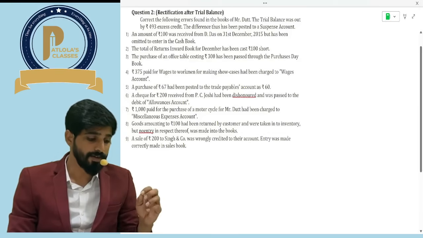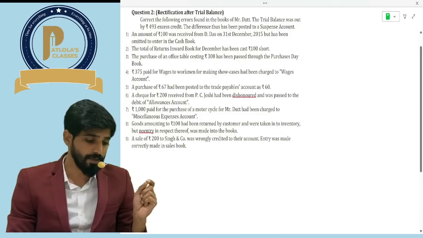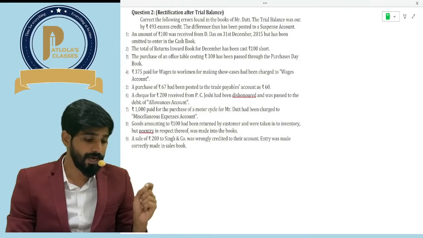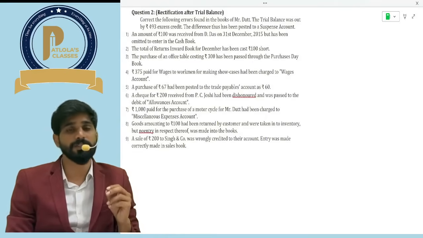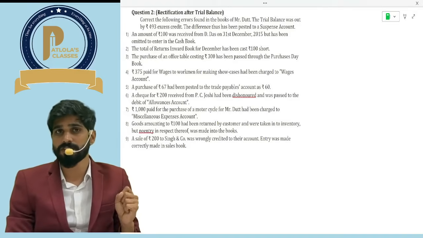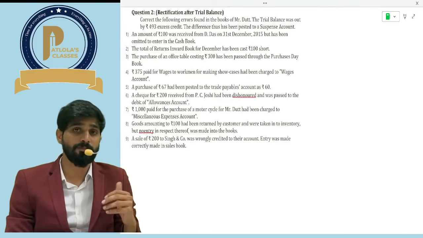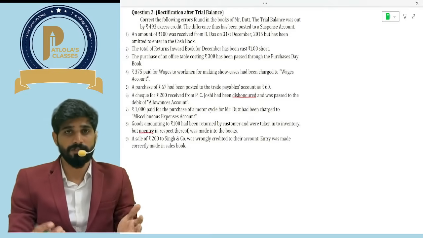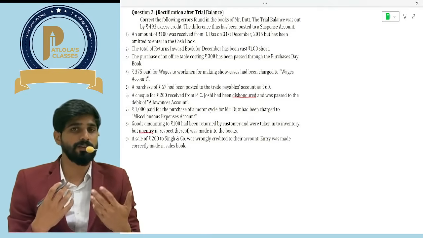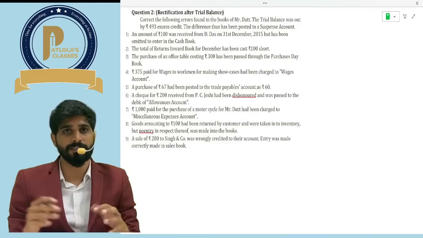An amount of 100 received from D Das on 31st December has been omitted to be entered in the cash book. Here two assumptions are possible. The answer is given on the basis that it's a complete omission, meaning the entry is not recorded at all. When you receive any cash from D Das, what should be the entry? Cash account debit to D Das. They have not recorded at all.